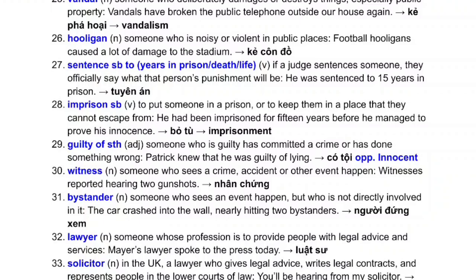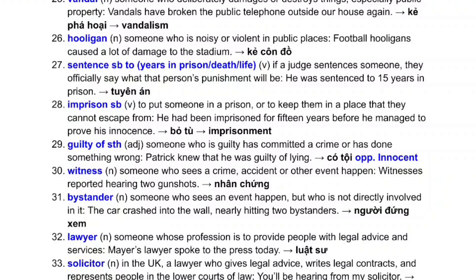27. Sentence somebody to years in prison, sentence somebody to death, sentence somebody to life. If a judge sentences someone, they officially say what that person's punishment will be.